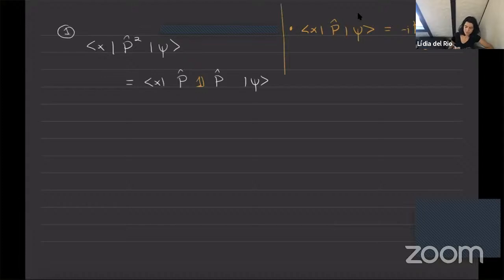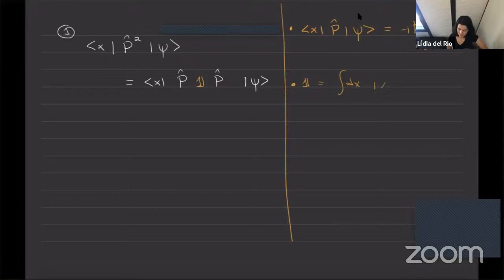So we say this is x, 1 p operator, another p operator, psi, and this is a general trick we'll use a few times. We put an identity here, right? The identity is not doing anything. Here on the right are all the tricks we use. Now, the identity can be written in any basis, like so. Sorry, I want x here.